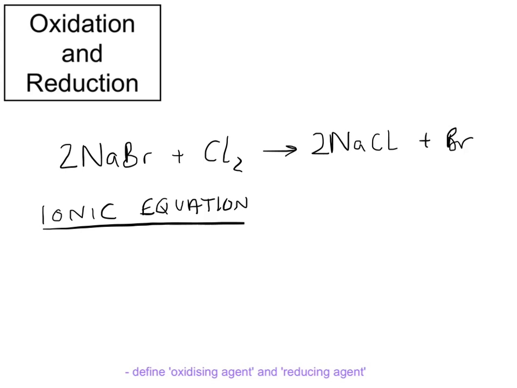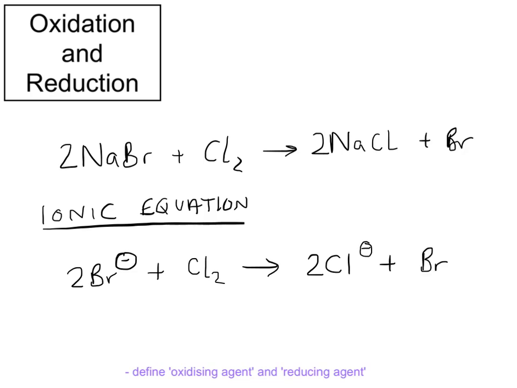So that will give us 2Br- plus Cl2 goes to make 2Cl- plus Br2. There should be 2 there. So I'm just going to get rid of the stuff at the top we don't need.